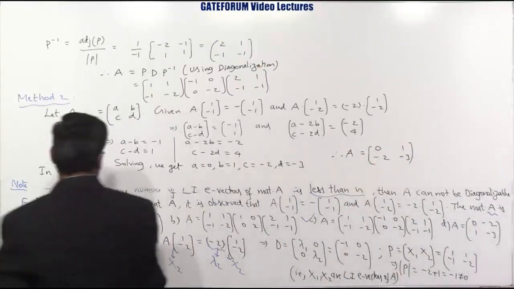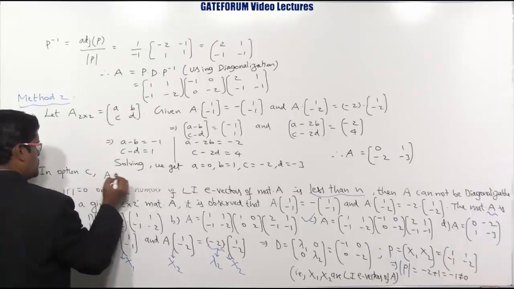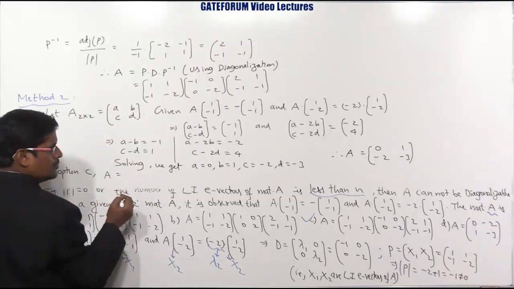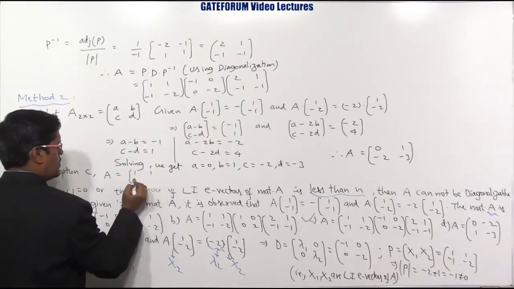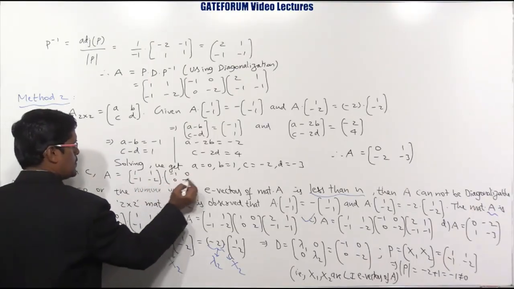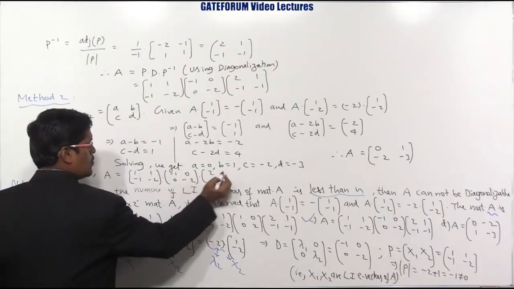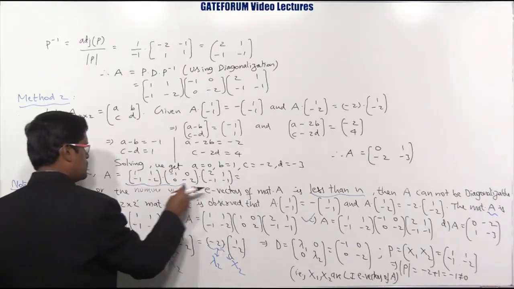Okay. So in option C, A is equal to how much is given? 1, 1, minus 1, minus 2 into minus 1, 0, 0, minus 1 into 2, 1, minus 1, minus 1. So first I am multiplying these two.